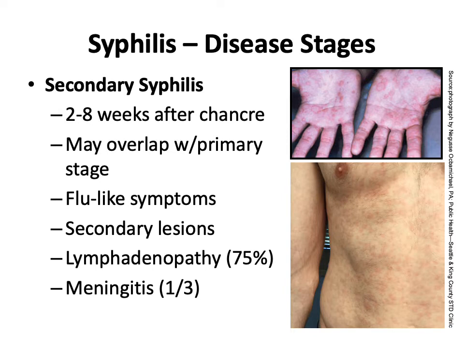Within 2 to 8 weeks of chancre development, signs of secondary syphilis may start to appear. This is often called the disseminated stage. The secondary signs of syphilis may overlap the primary stage, or if the primary stage goes undetected, as in the case with many women, the secondary symptoms may be the first signs of the disease.